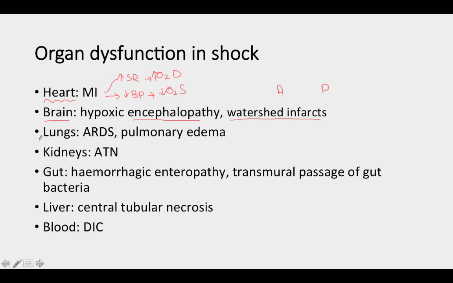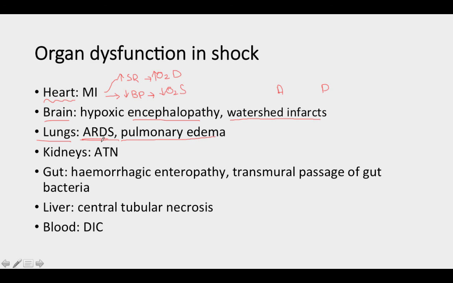The lungs: if you have a low blood pressure in the pulmonary circulation, you have dysfunction of your alveolar capillary membrane. That can initially lead to pulmonary edema, but eventually lead to this entity known as acute respiratory distress syndrome.